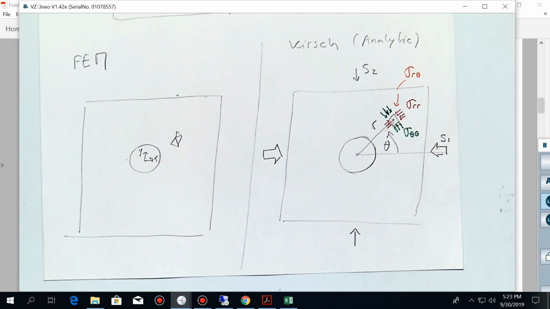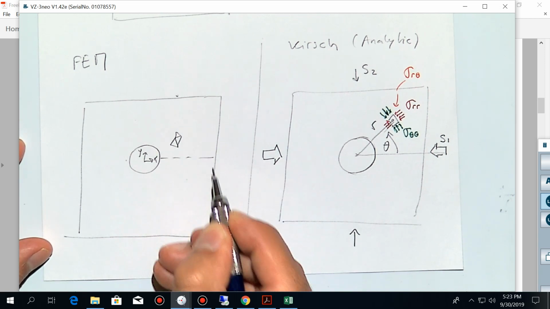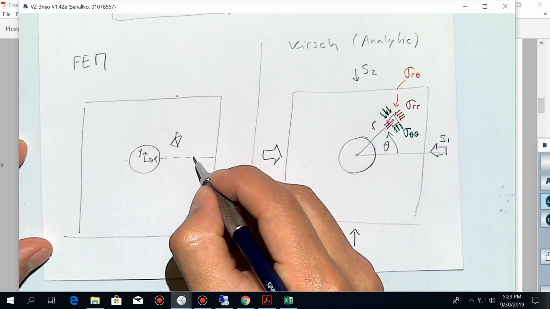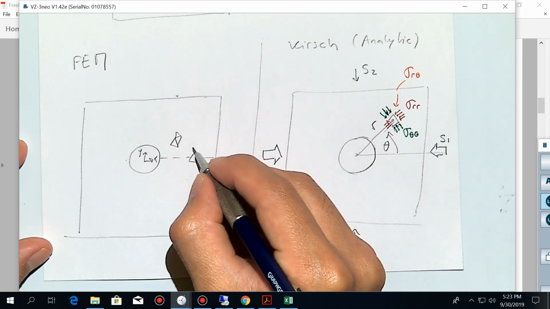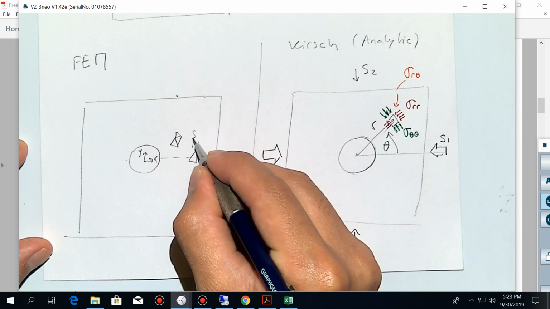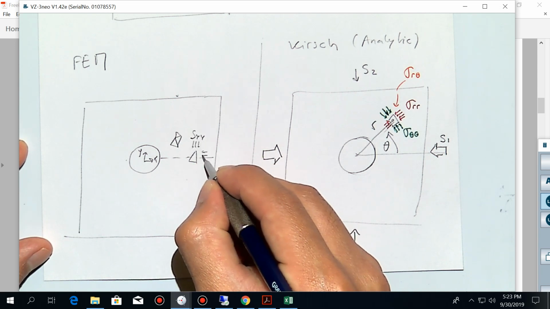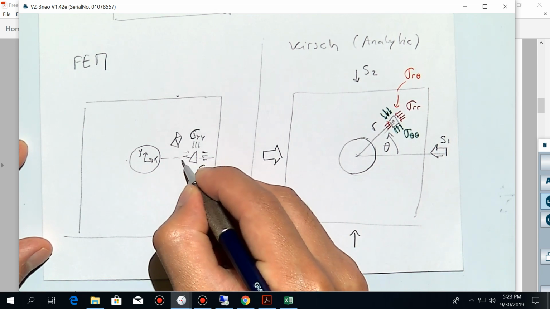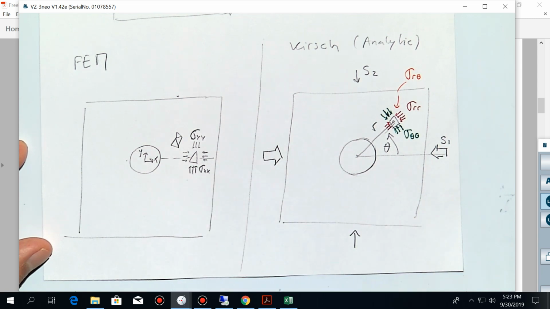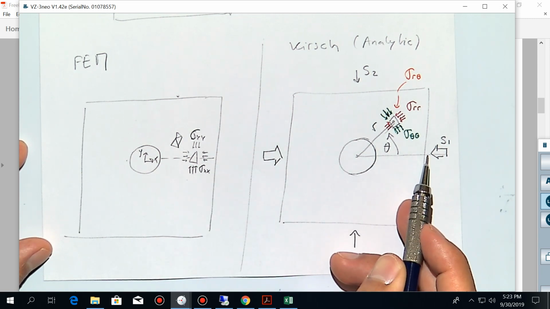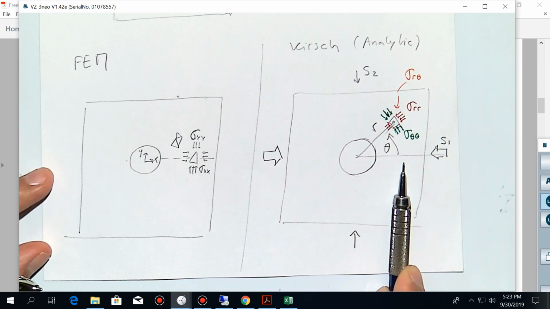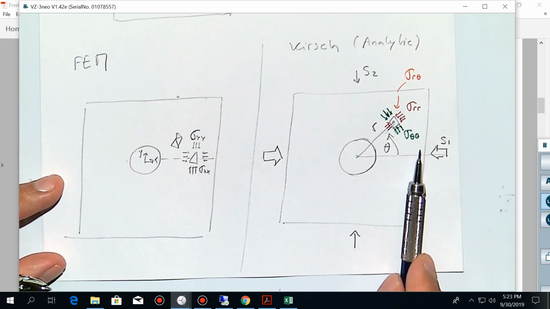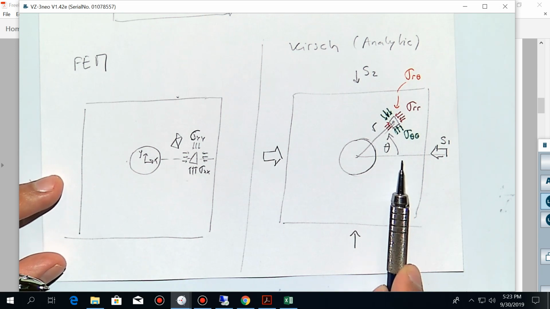But what I'm going to ask you to do is to compare stresses, say, at this line. In this line, for some triangular element, you can export sigma xx, and when you do theta equal to 0, the sigma theta theta will be sigma yy, and sigma rr will be sigma xx.